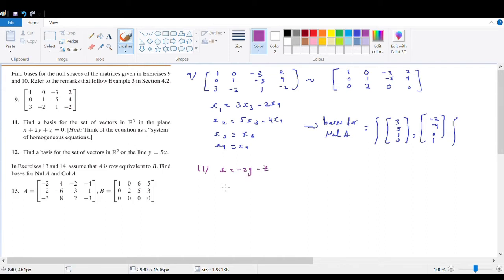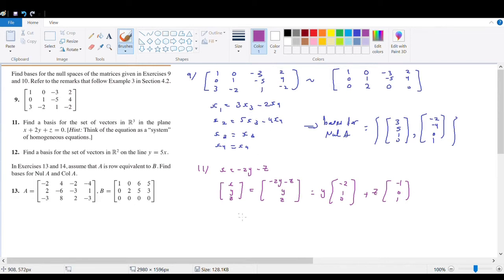That means our vector contains x, y, z, where x is minus 2y minus z, y is equal y, z is equal z. So now we have two free variables, which are y and z, which is equal to y times minus 2, 1, 0 plus z times minus 1, 0, 1. So this is written in this form.